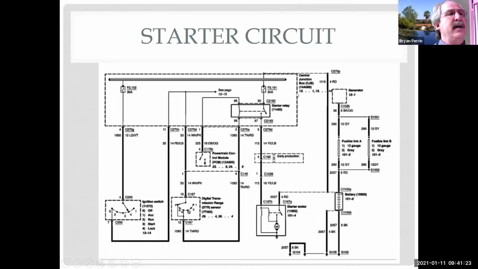The wide dark dash line across here is showing me this is a part of the junction box and not the entire junction box. The lighter dash line here tells me that this splice is all one splice, where you've got a bullet point here, bullet point here, bullet point here. These are all actually connected at one thing. They've only spread it out for the schematic to make it easier to read.